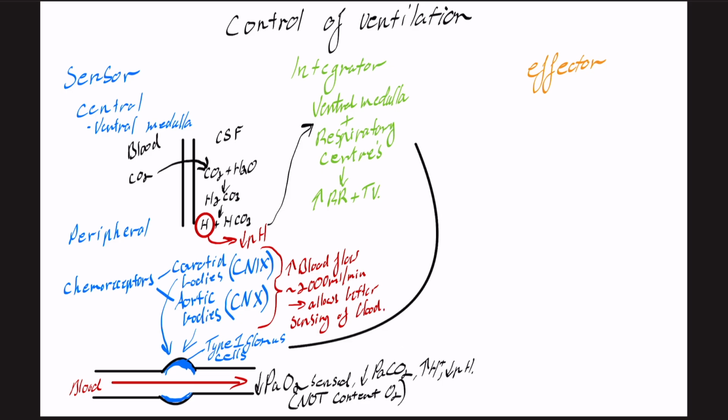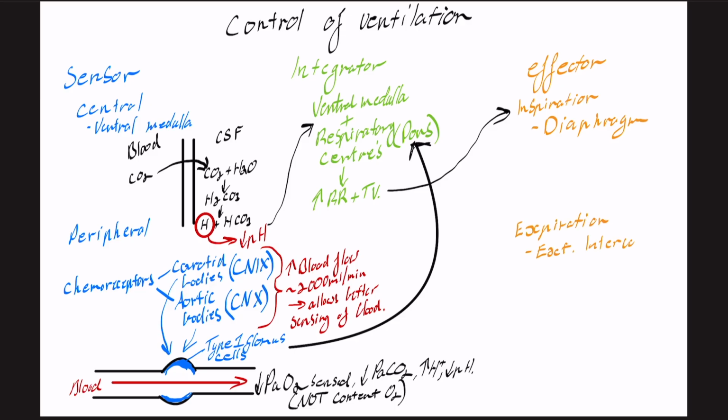These sensors will then feed back into an integrator system, which is in the medulla. So you have the medullary and the pontine respiratory centers. And these will lead to effectors. Specifically, you can say the diaphragm for inspiration, the internal intercostals for expiration, the external intercostals for inspiration, your abdominal muscles for forced expiration, and your accessory muscles when you need increased work of breathing and increased inspiration and expiration, but more specifically, inspiration.